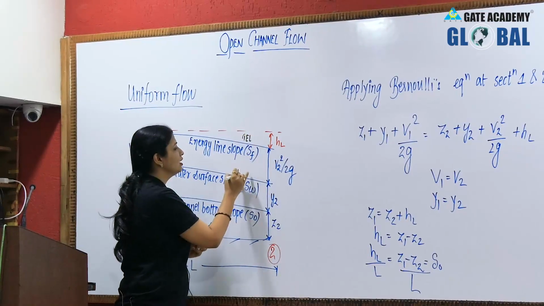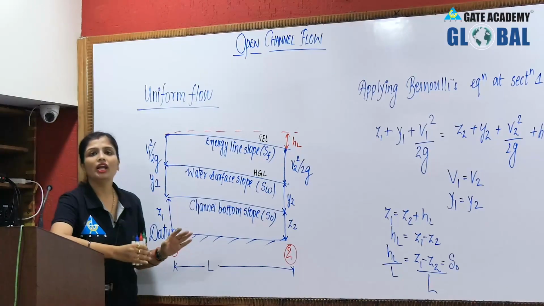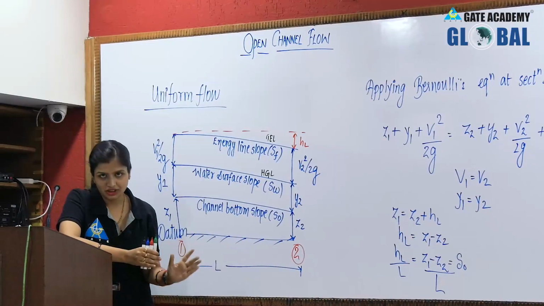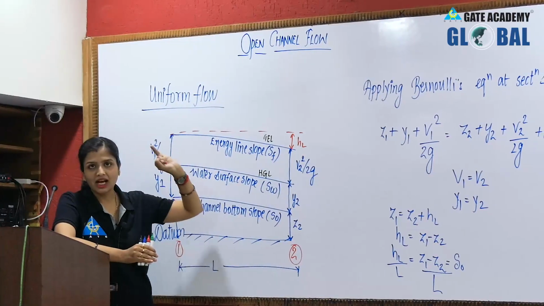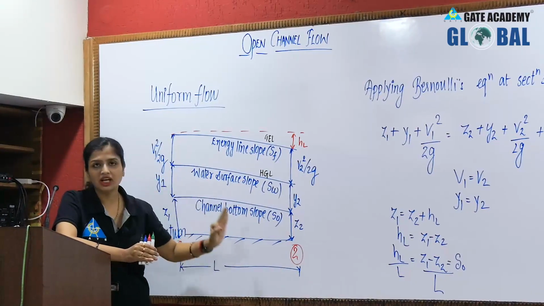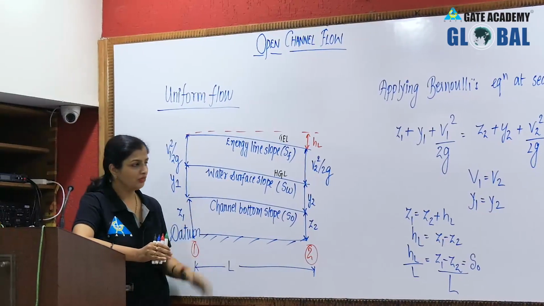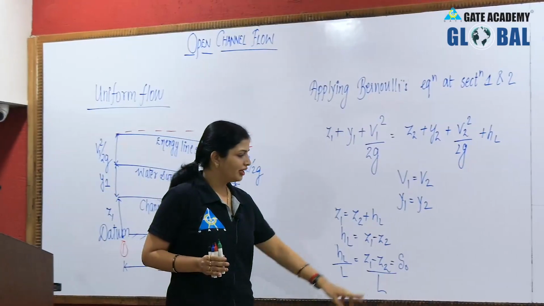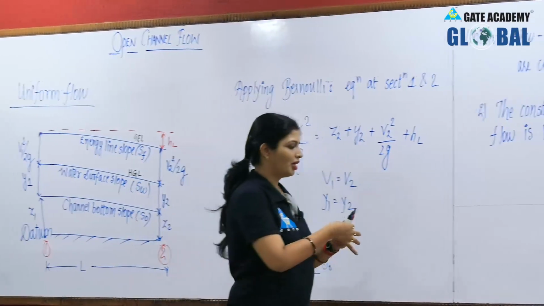Total energy line, hydraulic gradient and your channel bottom all are parallel to each other. What I said is, in case of uniform flow, total energy line, hydraulic gradient line and channel bottom are all parallel to each other. In books you can find they have written S0 is equal to SF is equal to SW also. Fine.